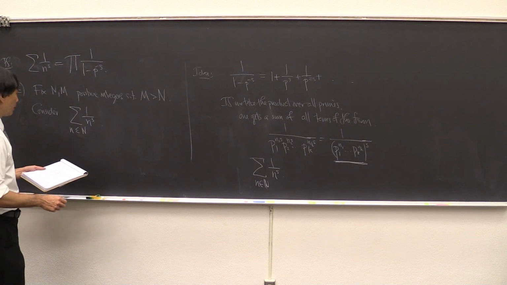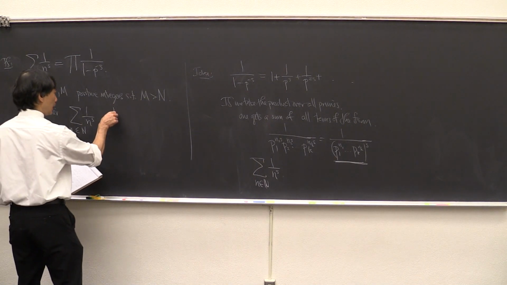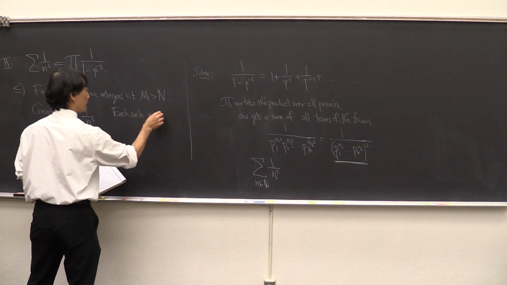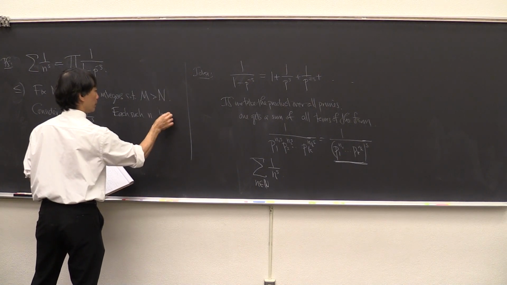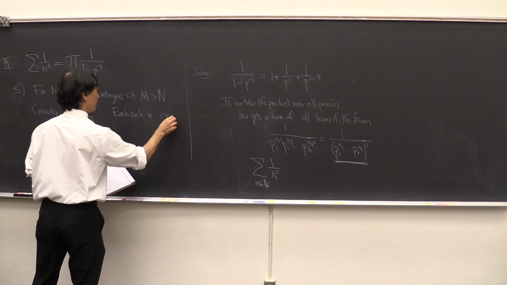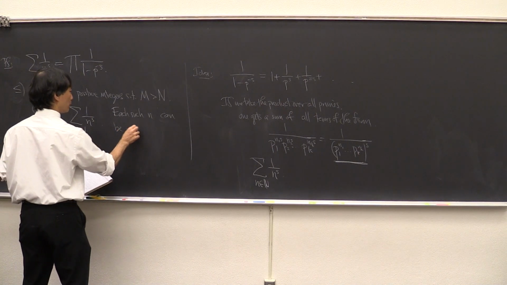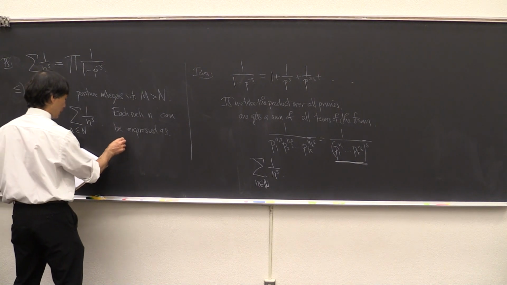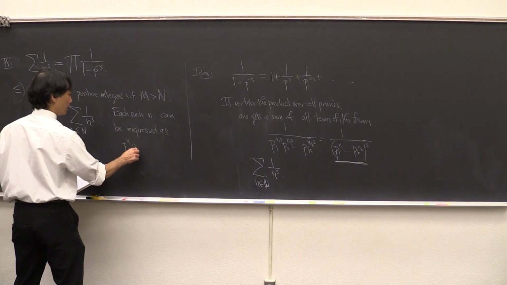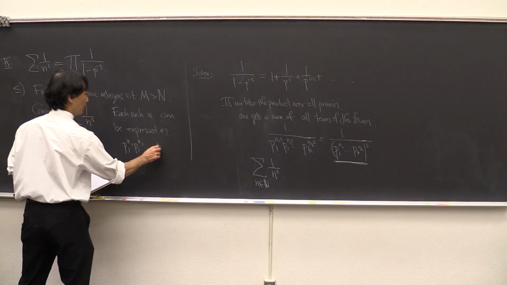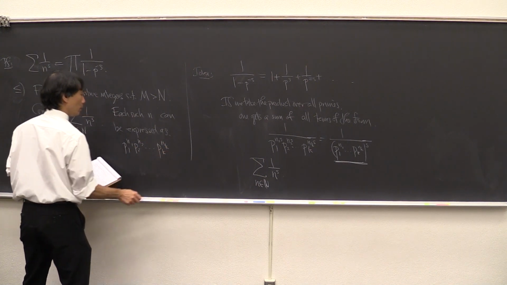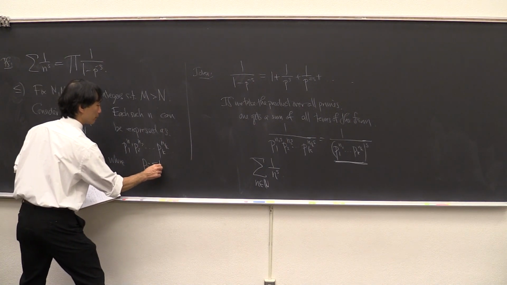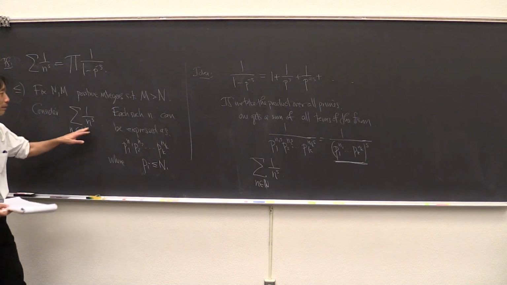Right. So each such n can be expressed, like we said, as some p1 to the n1, p2 to the n2, up to pk to the nk, where all the primes are smaller than N, right?